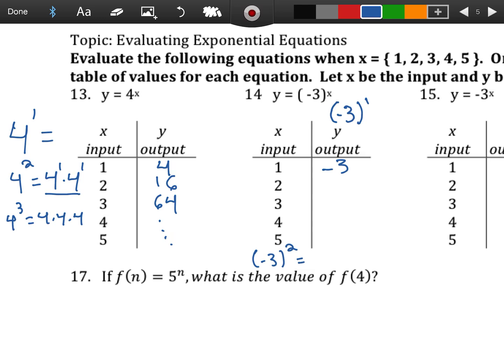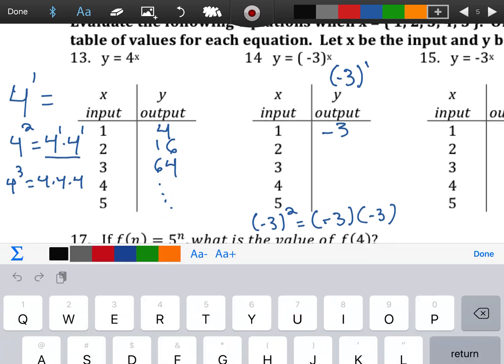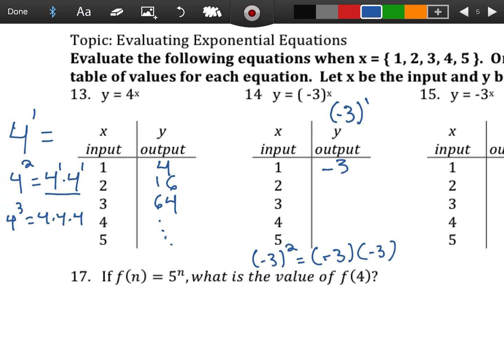And then if I have -3 in parentheses being squared, how can I rewrite that? What does that look like if I were to draw it out? Hopefully you're saying -3 multiplying with -3 again. Negative times a negative gets me what?